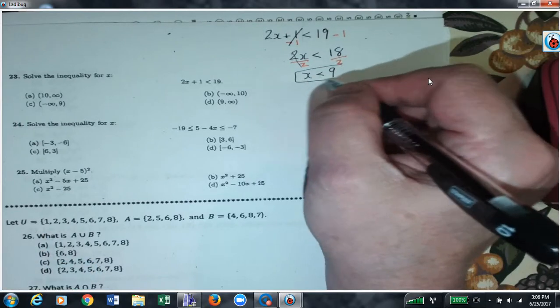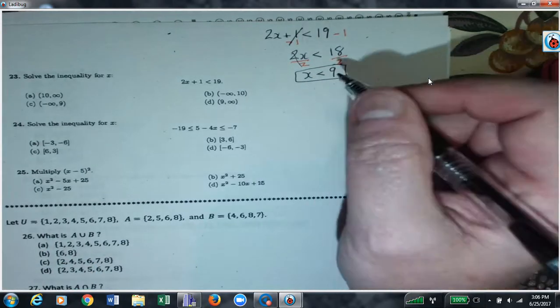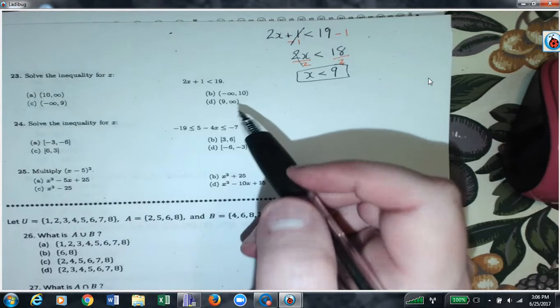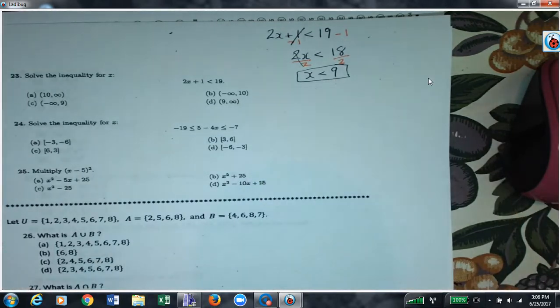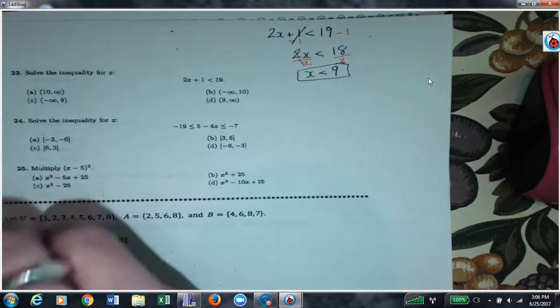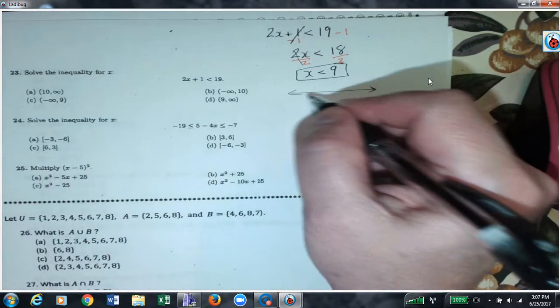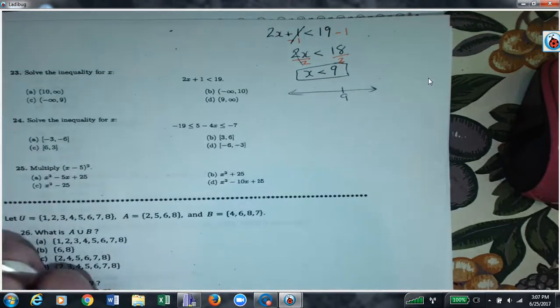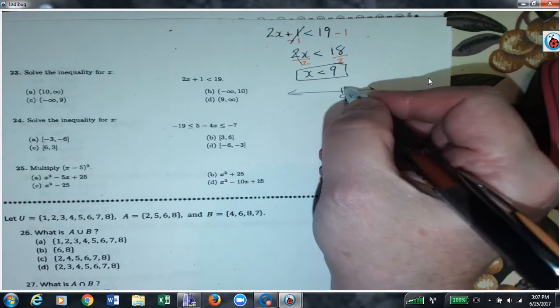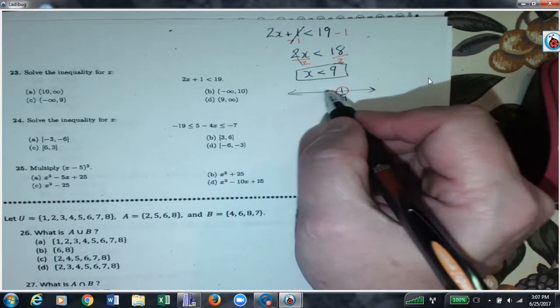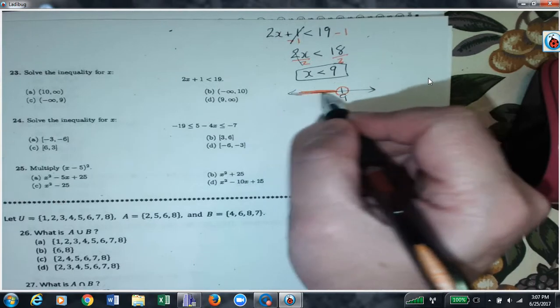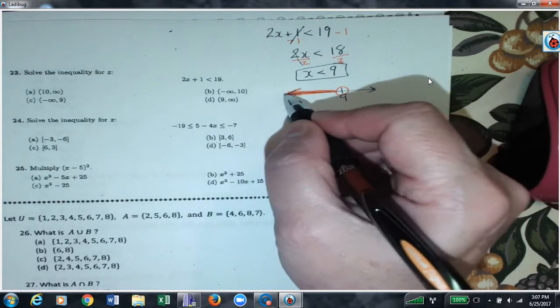Now that is a correct answer. But you can see that the selections here are in interval form. So what does x less than 9 mean? Well, if it's on the number line, and 9 is there, then we do not include 9 because of the symbol. X is less than 9, but it's everything to the left.